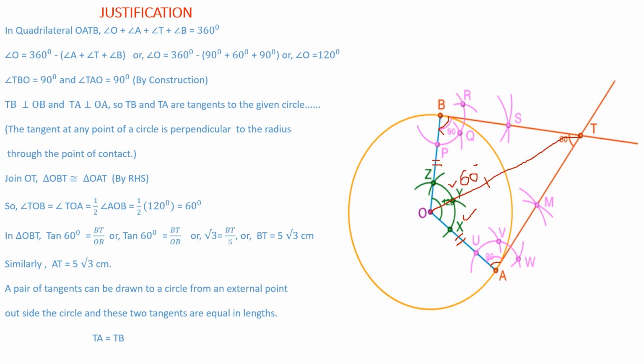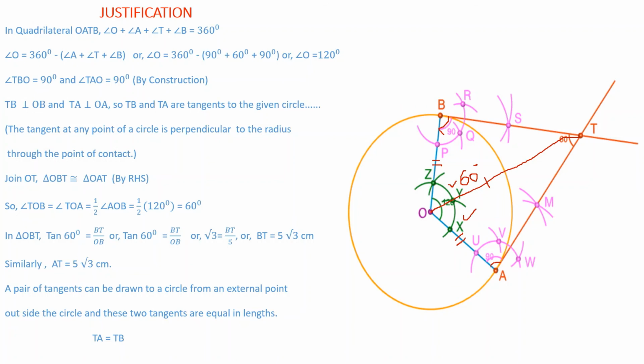Now in angle BOT, apply tan 60 degrees, because triangle BOT is a right angle triangle at B. So apply tan 60. Tan 60 is perpendicular upon base. So this is 60. The opposite side of this is BT, that is the perpendicular, and upon the base BO.